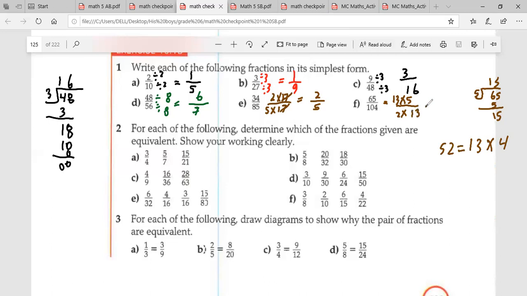If you can't find it, you have to do it like this. We can cancel 13 with 13. Divided by what? Divided by 13. The common factor is 13. And here is 8. Again, I divided by 13.